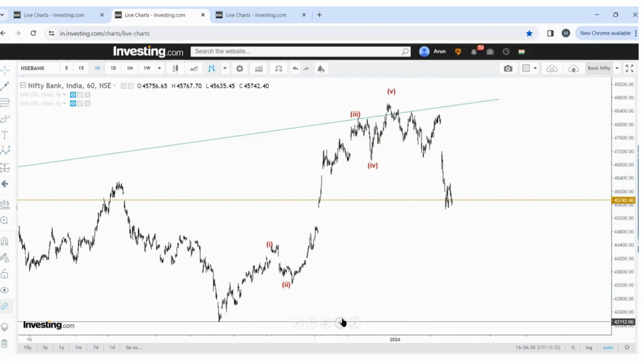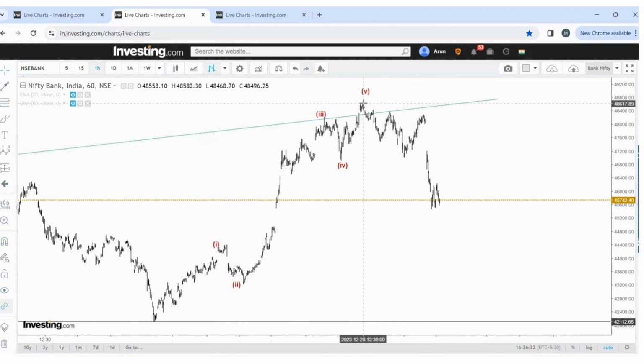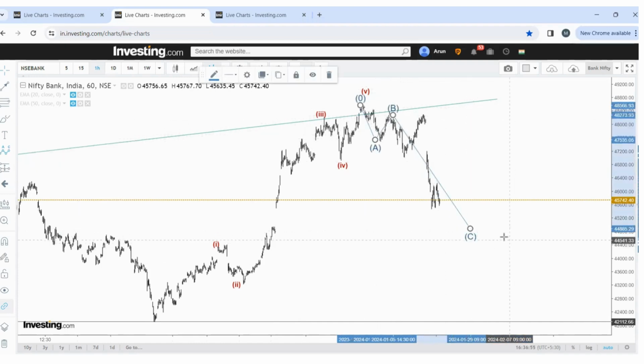And how to count this correction? This is not a 5 wave, so it is ABC. Okay, so it's ABC, and this is an X, so WX, and Y it is maybe 1, 2, 3, 4, 5. So as of now I count it as this, either WXY or ABC.